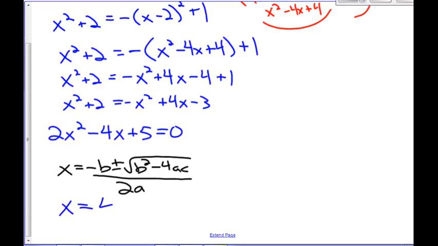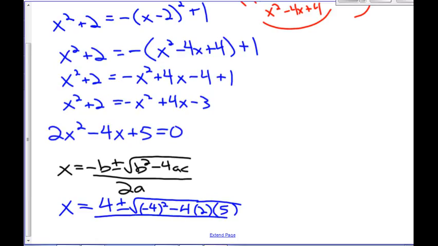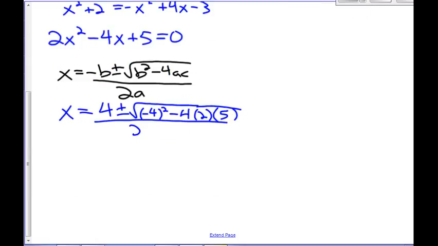Negative negative 4, that's 4, plus or minus the square root of negative 4 squared minus 4 times a times c, all over 2a, so 2 times 2.